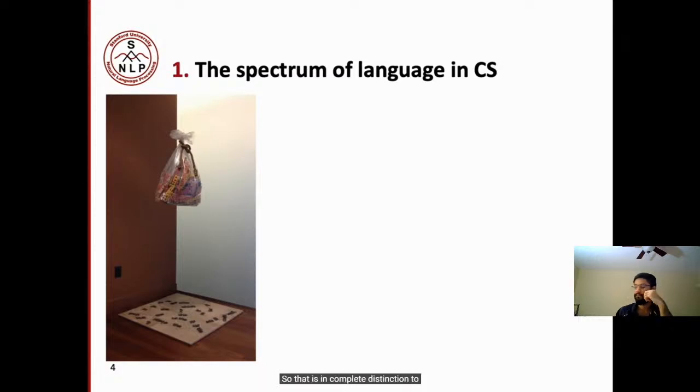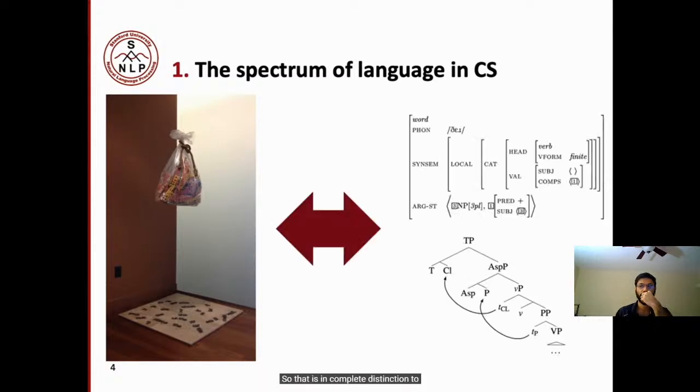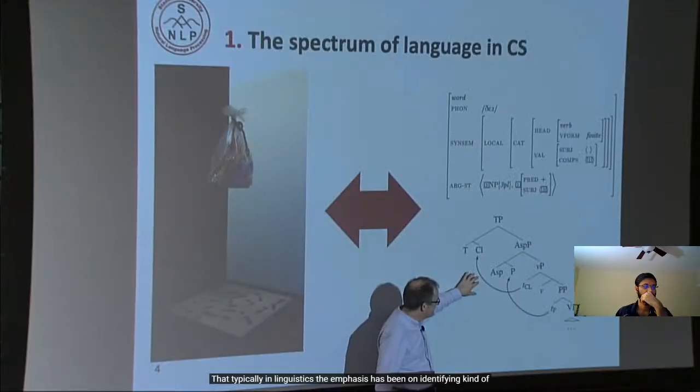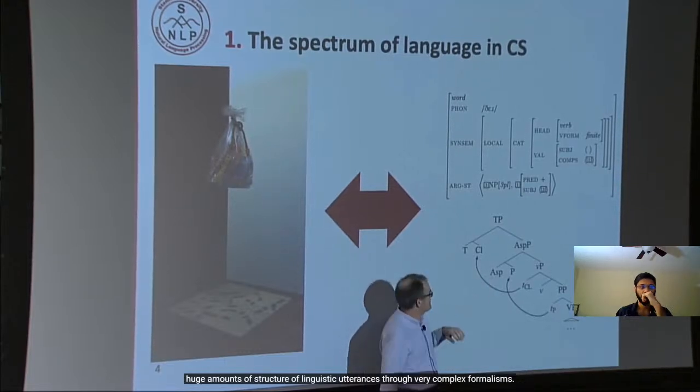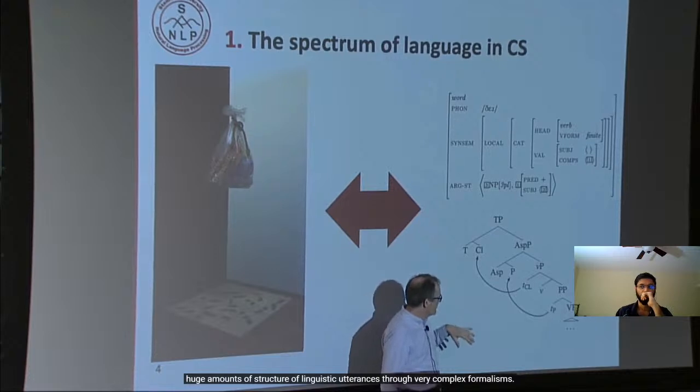That is in complete distinction to what's been dominant in linguistics, looking at language structure. Typically in linguistics, the emphasis has been on identifying huge amounts of structure of linguistic utterances through very complex formalisms.